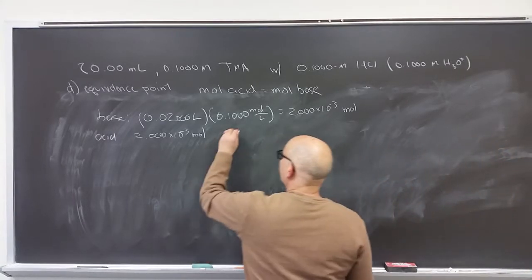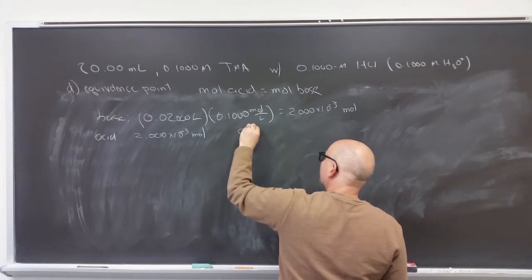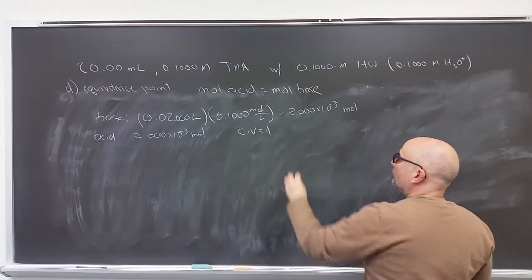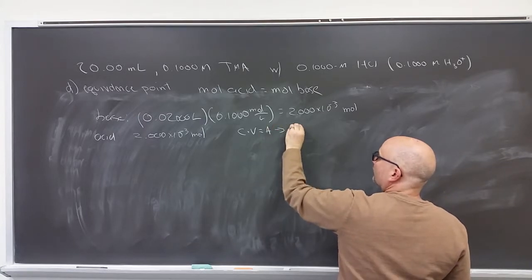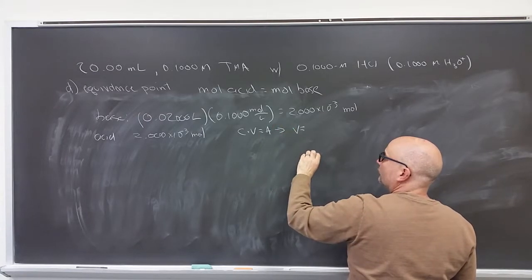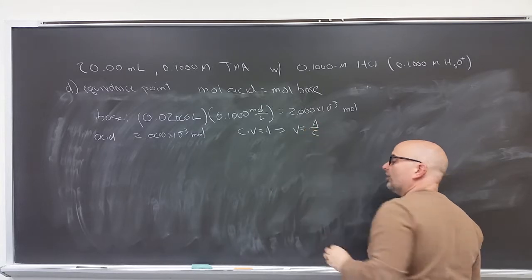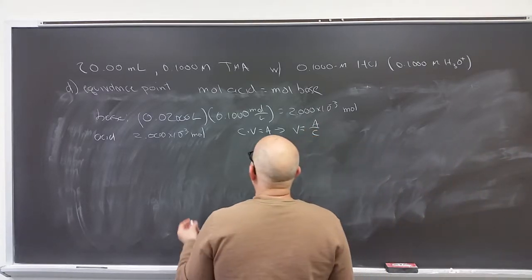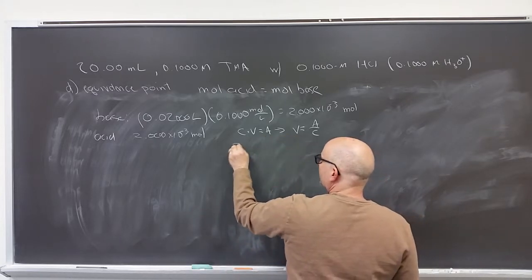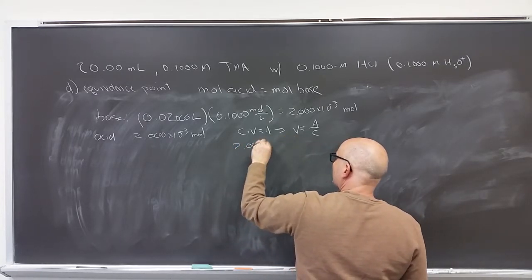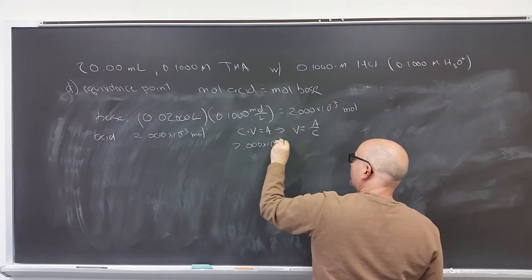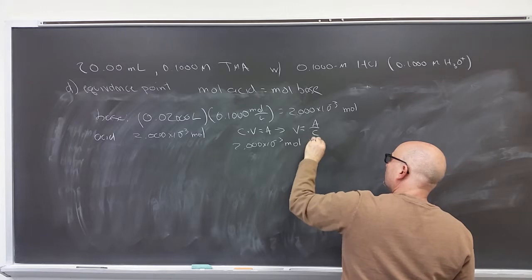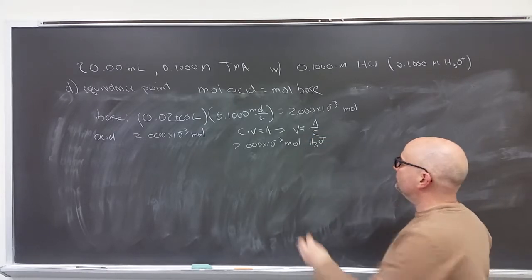So remember that concentration times volume equals amount. We can rearrange that to say that the volume we need is equal to the amount divided by the concentration. So we need 2 times 10 to the negative 3 moles of the strong acid, hydronium.